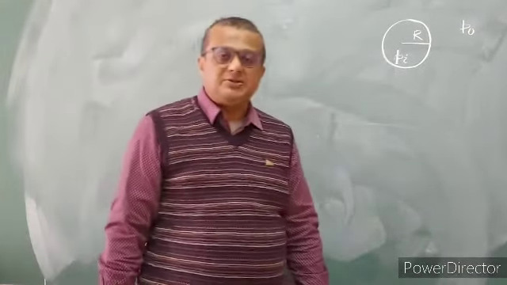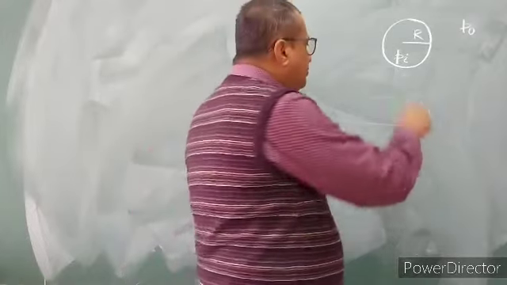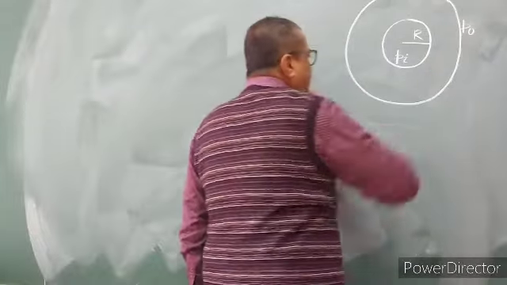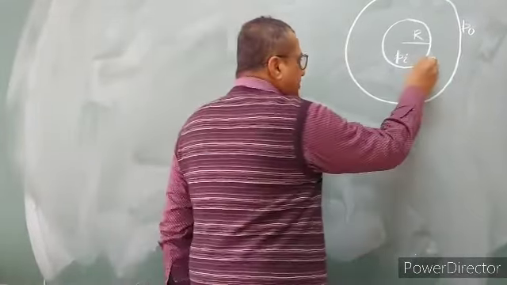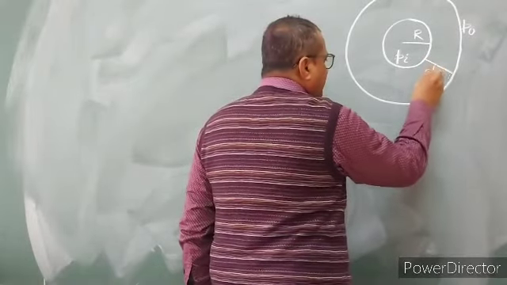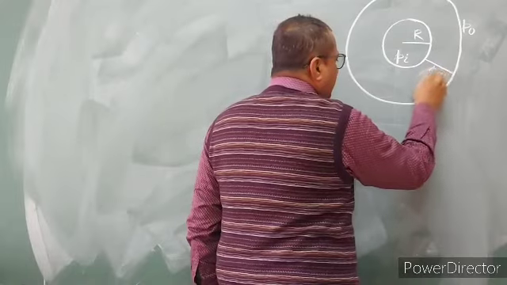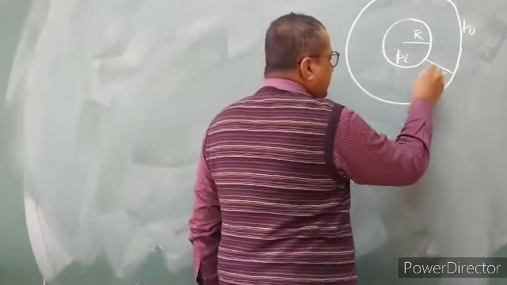PO is the outside pressure and Pi is the inside pressure. Due to this inside pressure, the liquid drop may expand from this position to this position. This increase in radius is very small, we can say it is delta r.